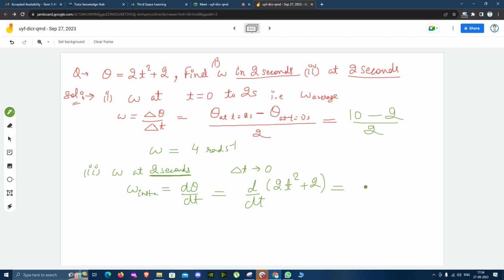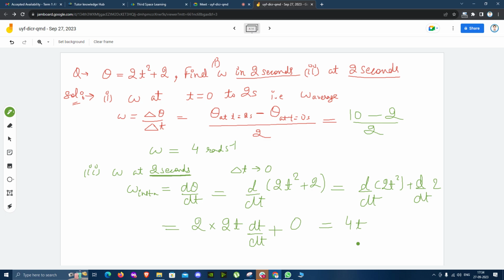You can separate them out: d over dt of 2t square plus d over dt of 2. Now 2 is constant, so it will come out, and d t square by dt will be 2t, and plus the differentiation of a constant is 0, so it will be 4t.